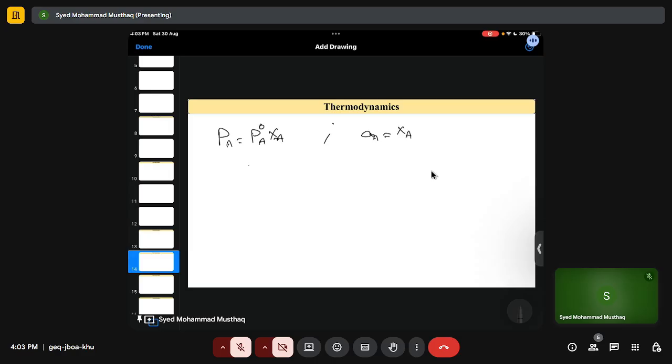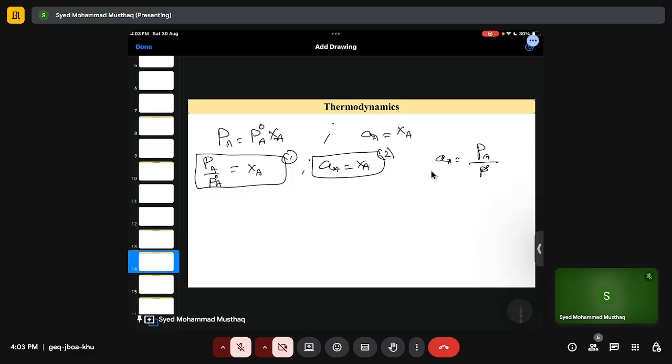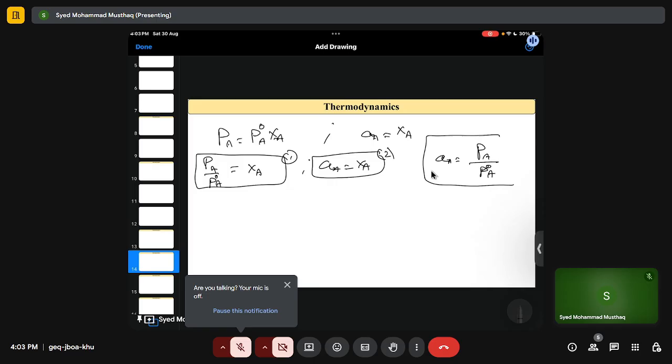Now if I want to equate these two, PA upon P naught A is the activity of A equals X. Now this is 1, this is 2. If you equate 1 and 2, then activity of A will be equal to PA over the pure pressure. Now for ideal solutions, activity equals mole fraction.